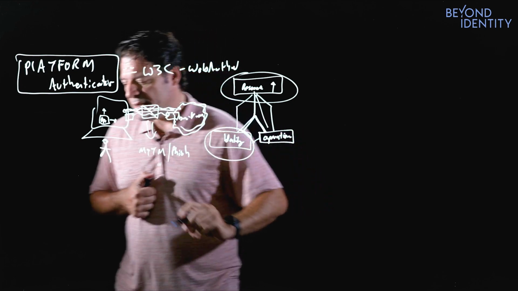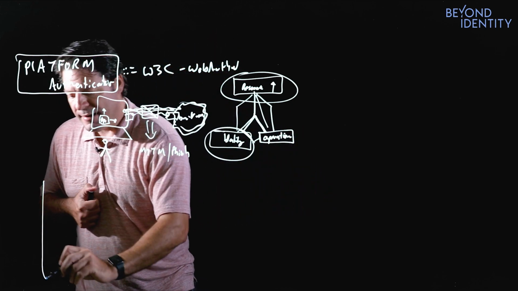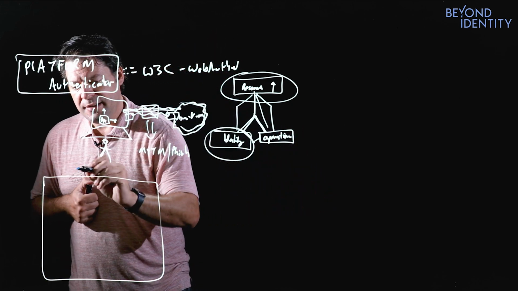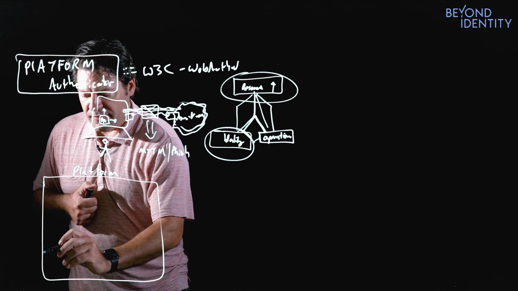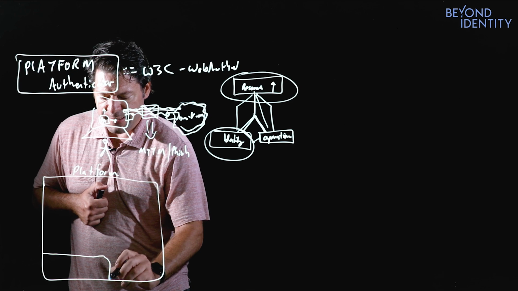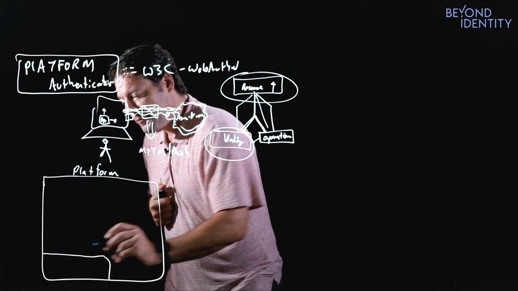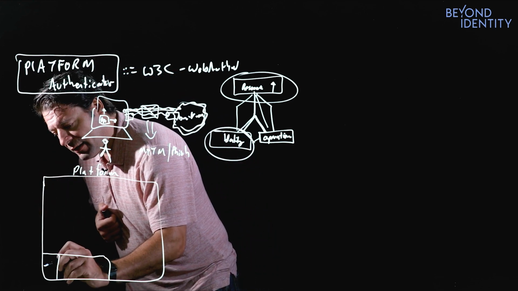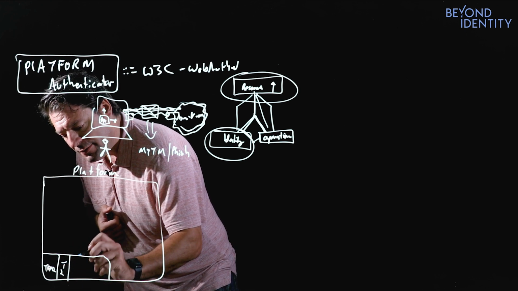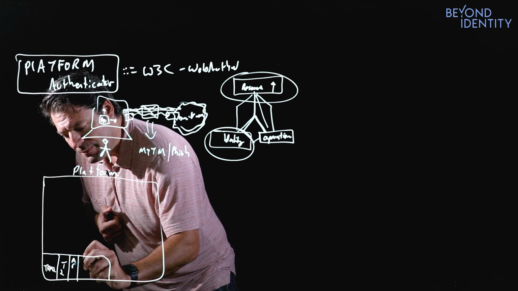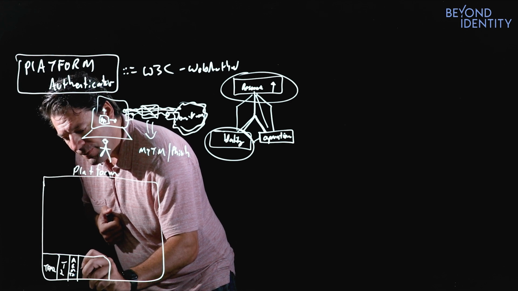Okay, so the platform authenticator as a big box is interesting, but we have to break it down a little bit more. So how do we break it down? Well, the first thing we want to understand is there's lots of different types of hardware, right? We talked about the enclave types, we talked about TPM2, we talked about T2, we talked about ARM's TrustZone.